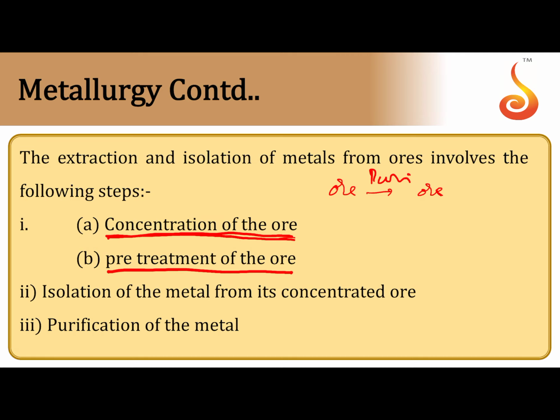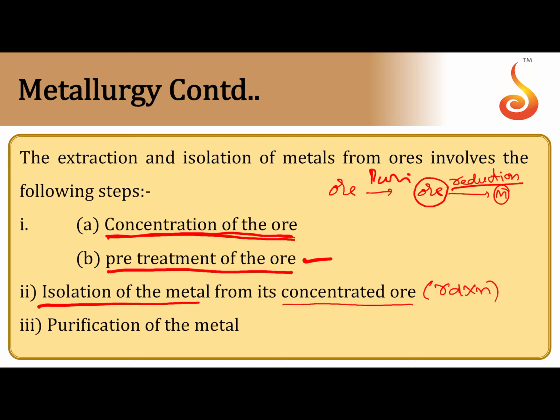After the purification, metal is extracted from the ore by the reduction process. Sometimes before the reduction, the ore is subjected to roasting, calcination or smelting. They are pre-treatments of the ore. Next, isolation, extraction of the metal from the concentrated ore, that process is called reduction.